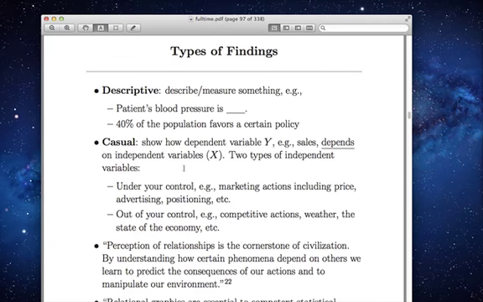Now, with causal studies, there are really 2 types of independent variables. These 2 types are either under your control or out of your control, but they both cause Y. So let's say that Y is our sales. Clearly, our sales are going to be affected by stuff that's under our control, like marketing. So if I change my price, my sales will change as well. I raise my price, chances are sales go down. Advertising.